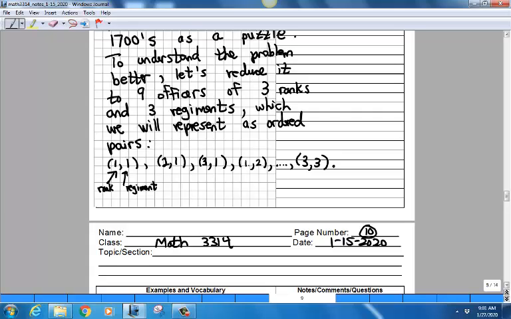And what we want to do, Eduardo, is arrange them in a 3x3 marching formation so that I have all the ranks in every column, all the regiments in every column, all the ranks in every row, all the regiments in every row. If we just do this naively, let's see what happens. I'm just going to start filling in a marching formation.